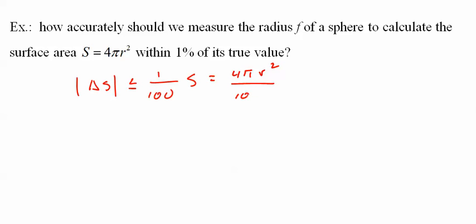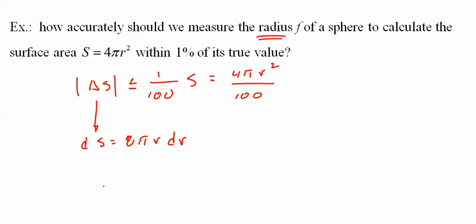So you know we're going to have to take this dS somewhere. We're going to approximate this with dS equals 8 pi r dr. And the question we're asking is, how accurately should we measure the radius? So that's going to be our dr.